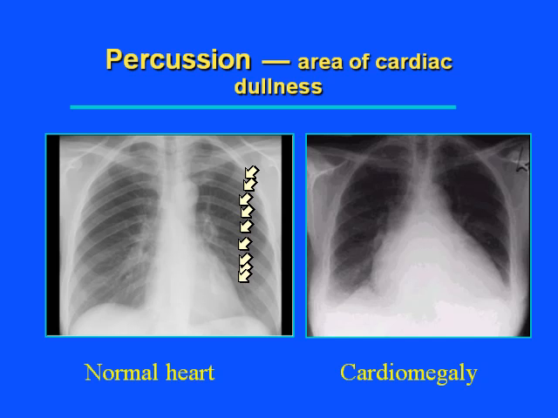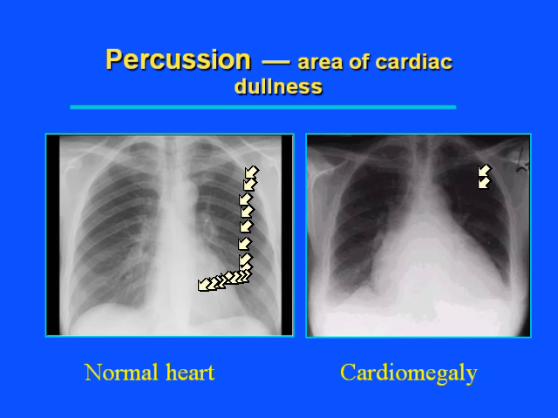And then look, as you move toward the center, you should begin to hear an area of increasing dullness. That's the area of the heart. The more normal the person, the much smaller area will be occupied by the heart. On the right side, there's a patient with an enlarged heart, cardiomegaly.